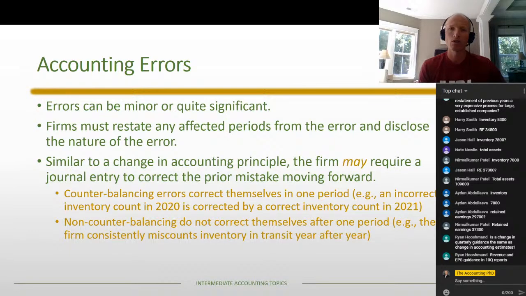If I discover the error in 2022, I probably need to correct whatever mistake was left over from 2021. Again, I still have to go back and restate all prior years, but in that case, there likely would be a journal entry as well. Again, there may be a journal entry, but there also may not be a journal entry.